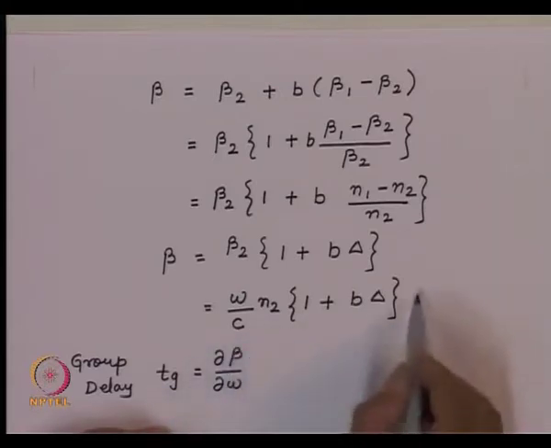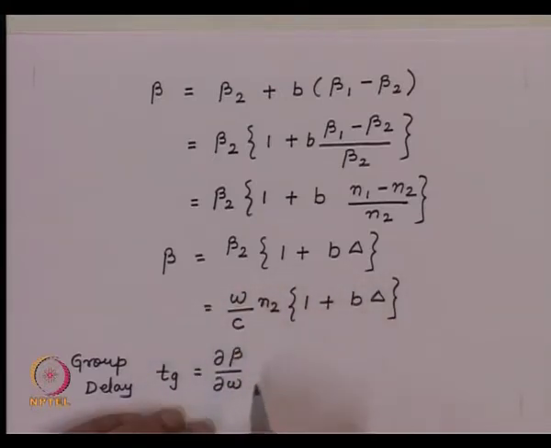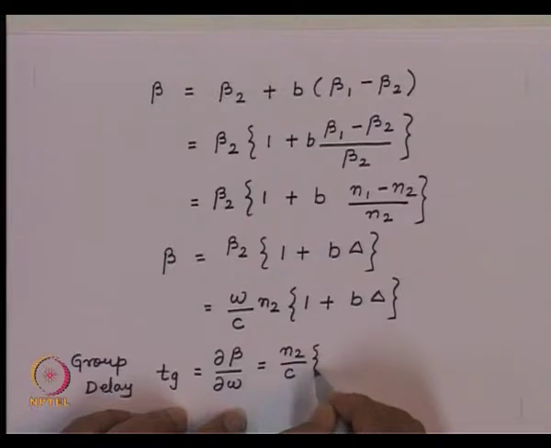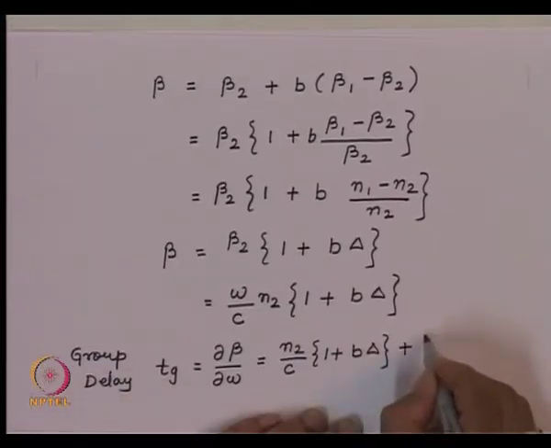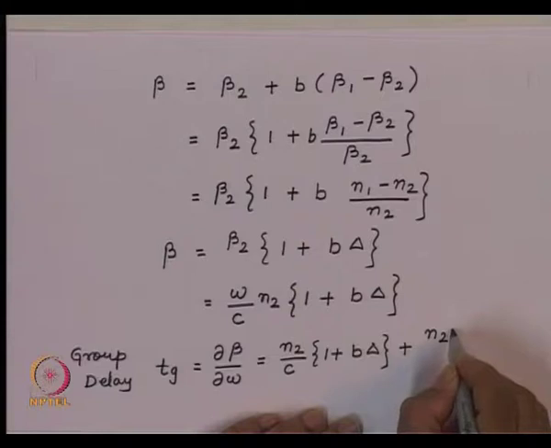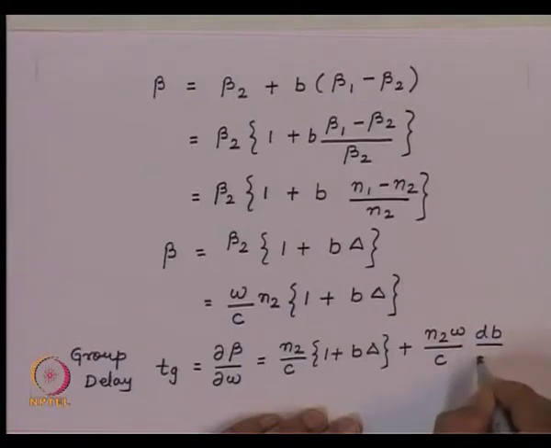So if I differentiate this with omega, we get this is equal to n2 by c (1 plus b delta) plus n2 omega by c dB by d omega.